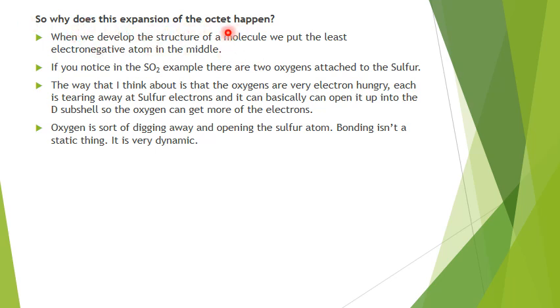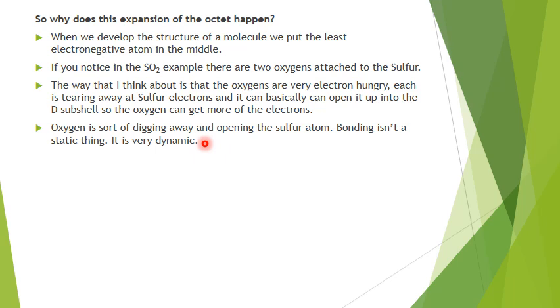So why does the expansion of the octet happen? One of the key things here is that we put the atom with the least electronegativity in the middle of the molecule. In the last case, you have a sulfur with two oxygens attached to it.